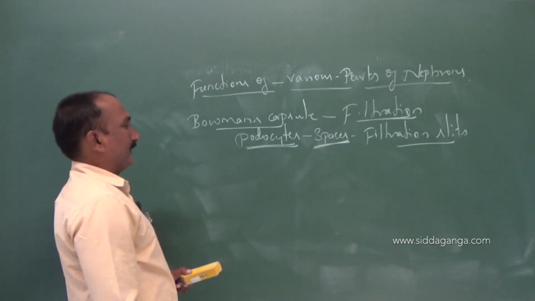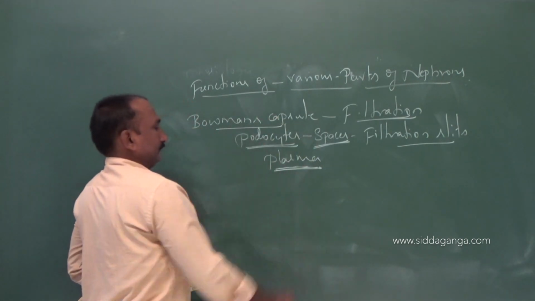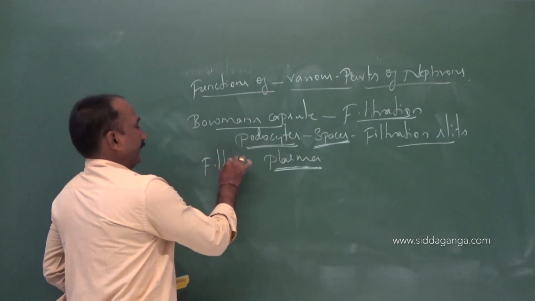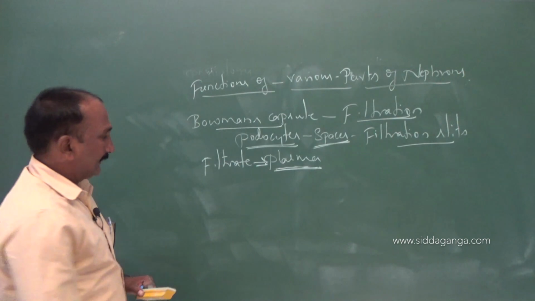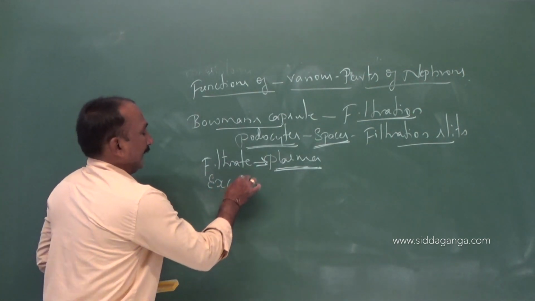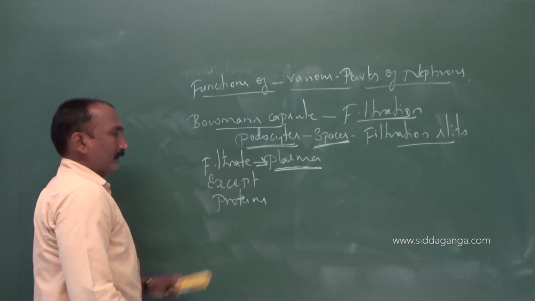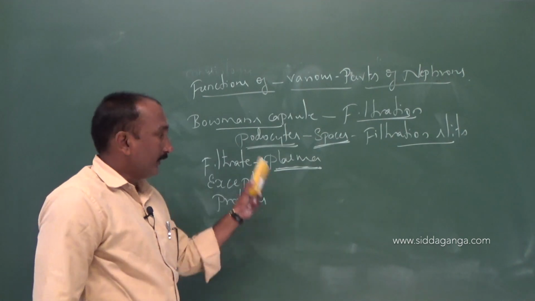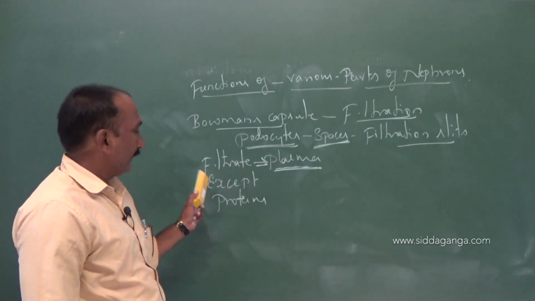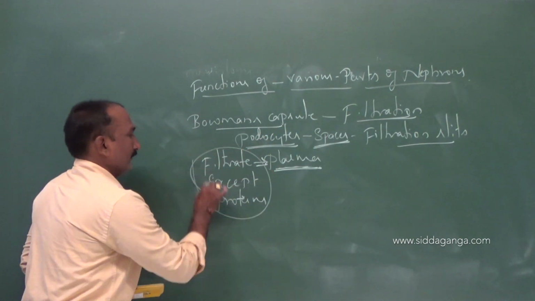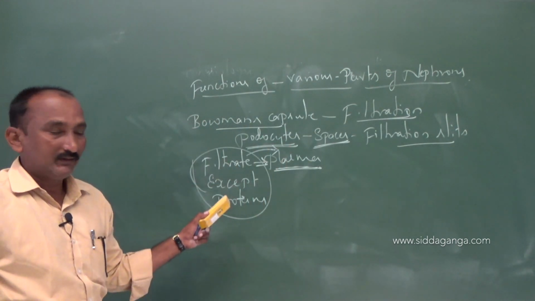The filtrate is similar to the plasma, except for the proteins. The plasma has proteins, but the filtrate formed by the filtration of the blood does not contain proteins. Except for the proteins, it is similar to the plasma.